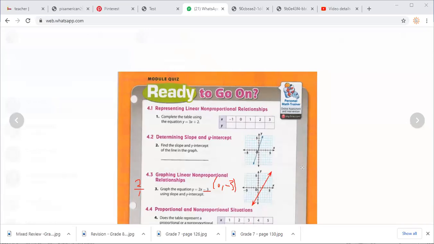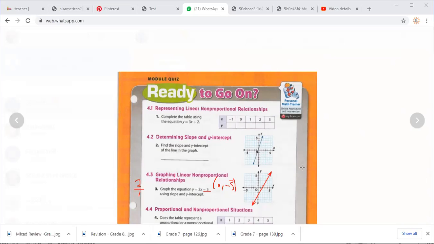Okay? Once you have an equation and you want to represent it graphically using the y-intercept and the slope, we will start with the y-intercept, which is -3. You will go directly to the y-axis and stop on -3.